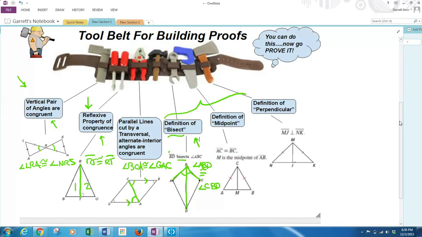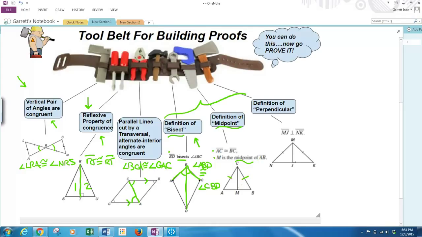Let me go ahead and scroll back up here. Next one, the definition of the word midpoint. The word midpoint literally just means the point that is in the middle of a given side or segment. So down in this visual, if you take a look at your given information, you're told that side AC is congruent to side BC. But notice, that's actually already printed in the picture. You have the single dash being congruent to the other side with a single dash. So how does this help us? If you look at your next piece of given information, you're told that M is the midpoint, keyword there, of side AB.